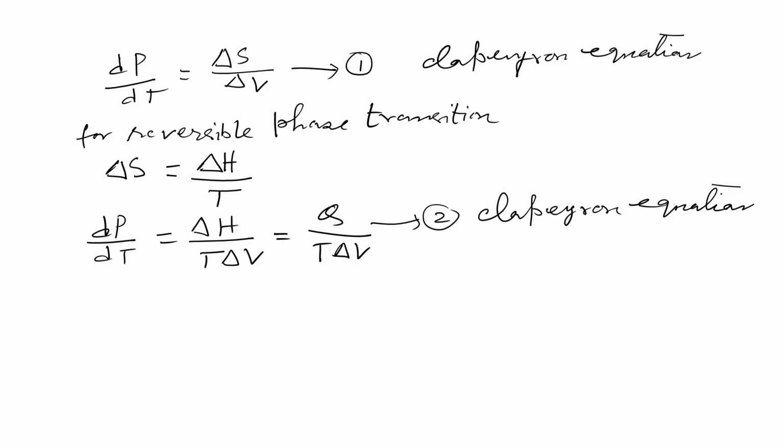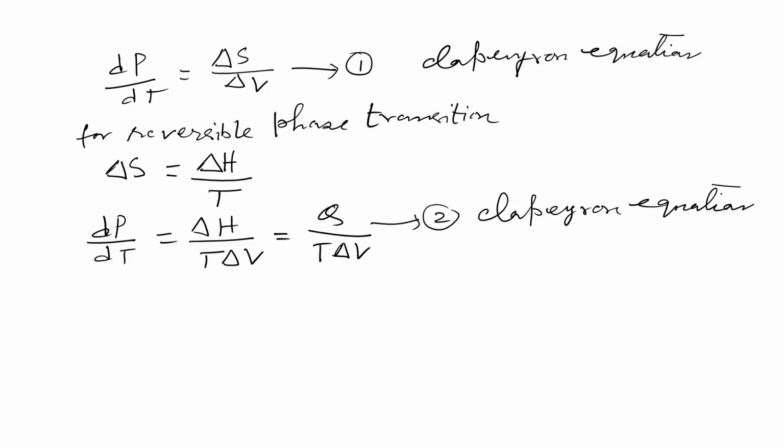If we consider the alpha to beta transition instead, both signs will change, delta S and delta V, but the overall quotient remains unchanged. So this is your Clapeyron equation.